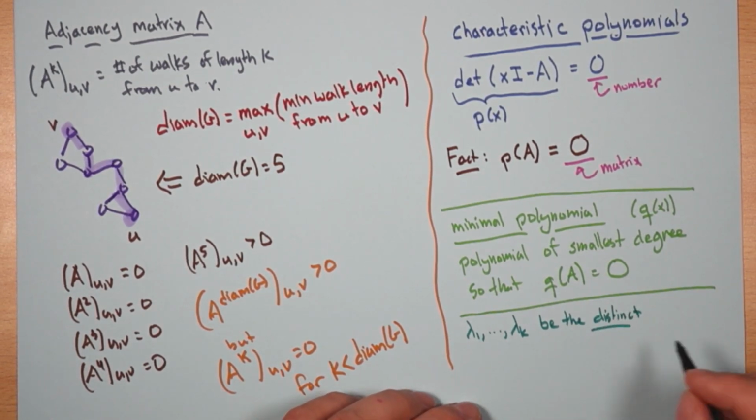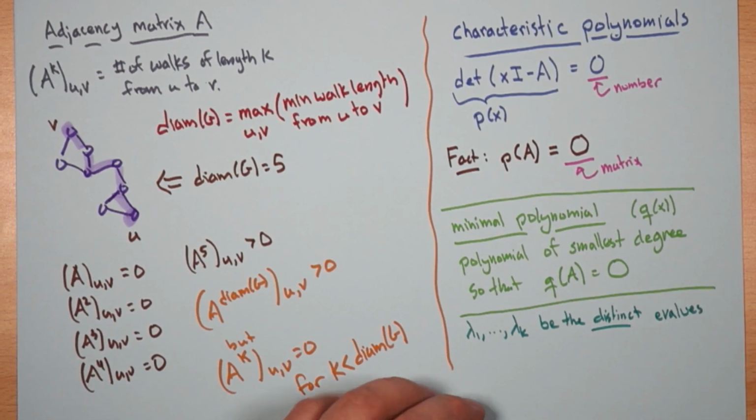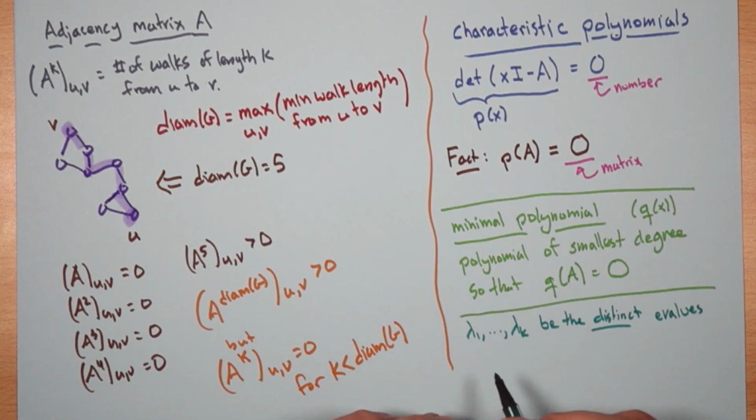And so at this point, we say, look, don't worry about multiplicities. I just want to have just the numbers. And so, for instance, if we were doing the complete graph, well, that has n eigenvalues, but only 2 that are distinct, namely n minus 1 and minus 1.